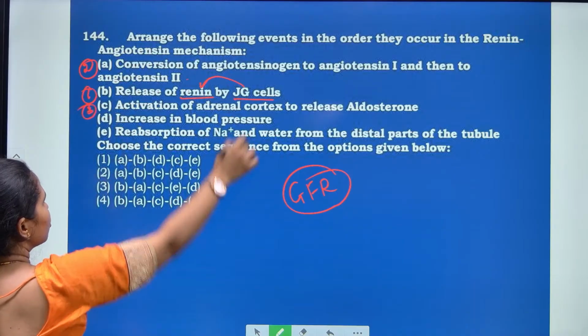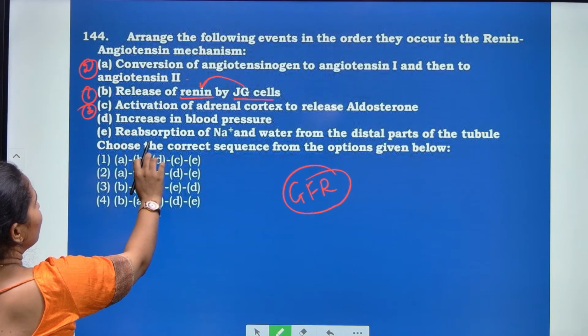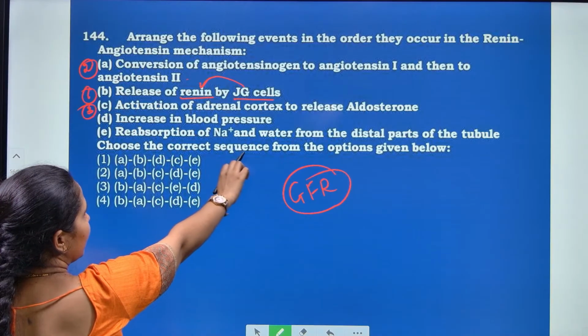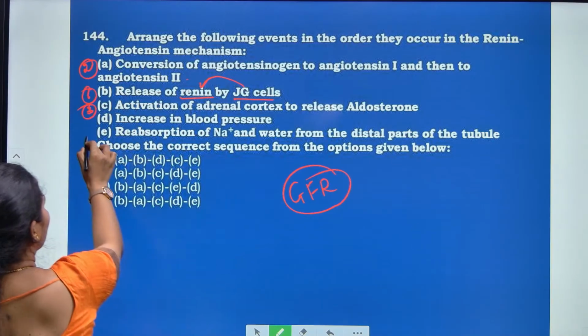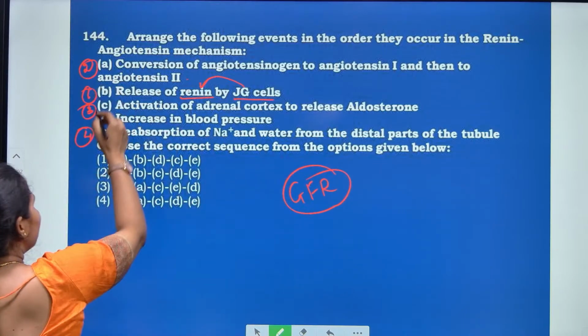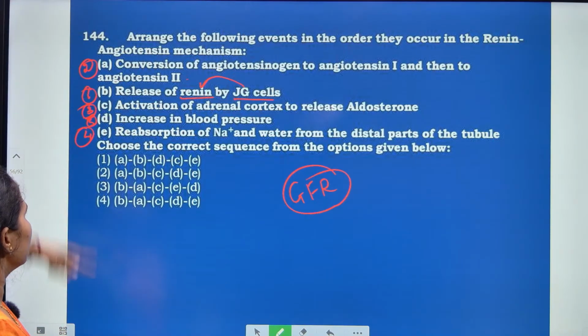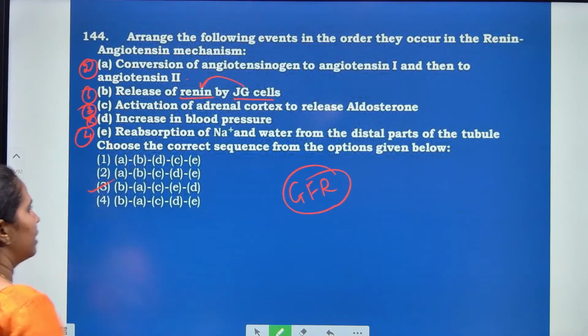To release the aldosterone here. And the next comes the reabsorption of Na and water from whom? From the distal part of the tubule, and thus increase what? An increase in the blood pressure here. So option 3 is the right answer here.